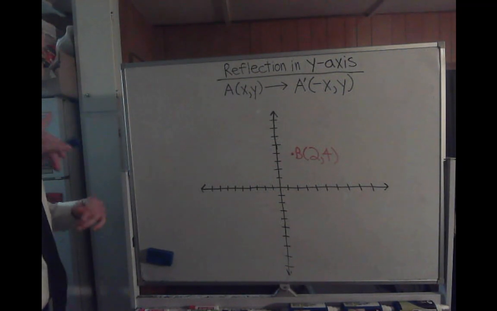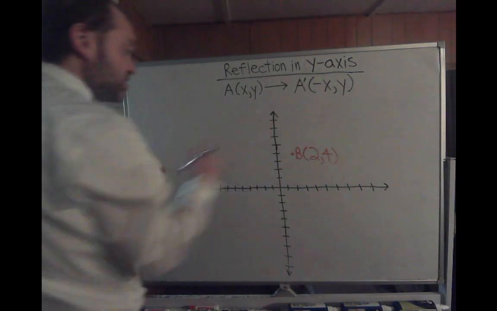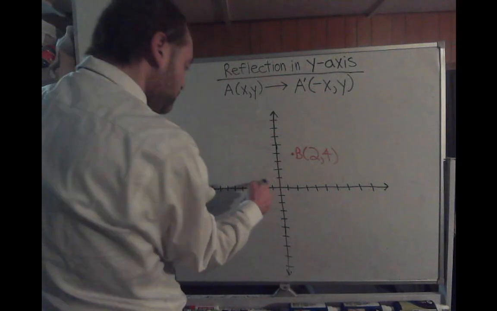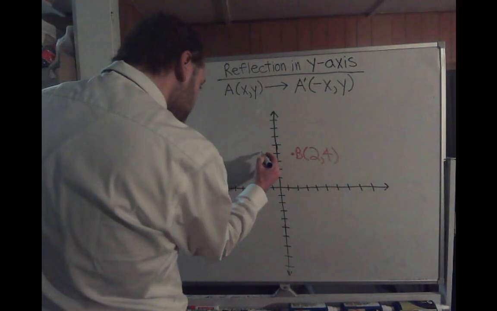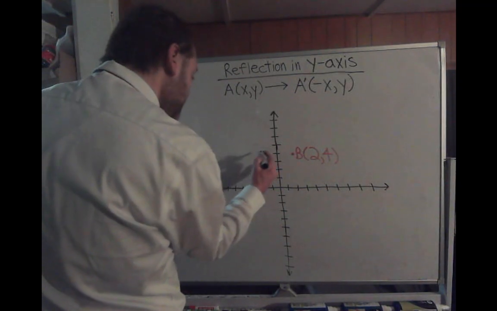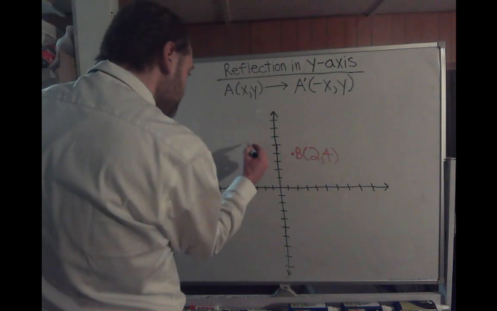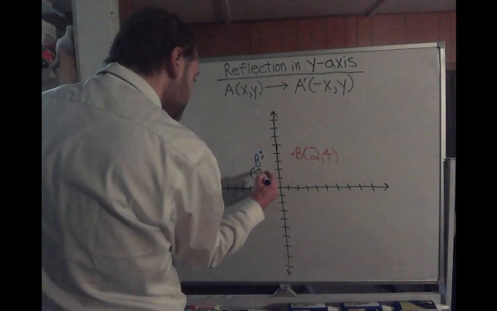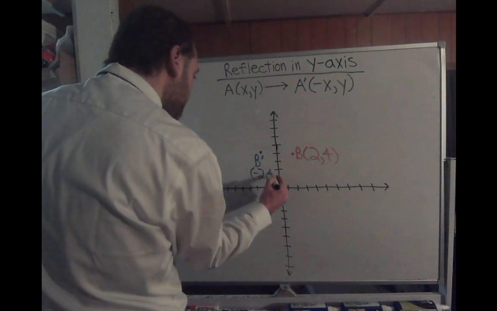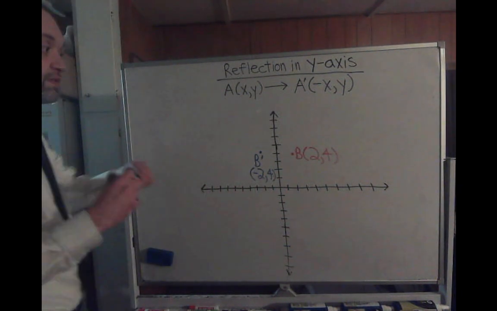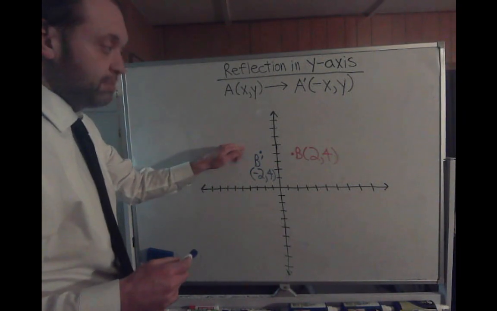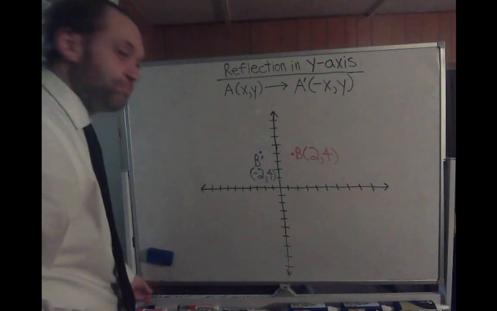Again, to reflect in the y-axis, I negate my x-coordinate, which would put me at -2, but I leave my y-coordinate of 4 alone. So I would be at the coordinate -2, 4 for B prime. So B prime has a coordinate of -2, 4. And again, you see that reflection in the y-axis. I've only changed the x-coordinate, but I've left the y alone.